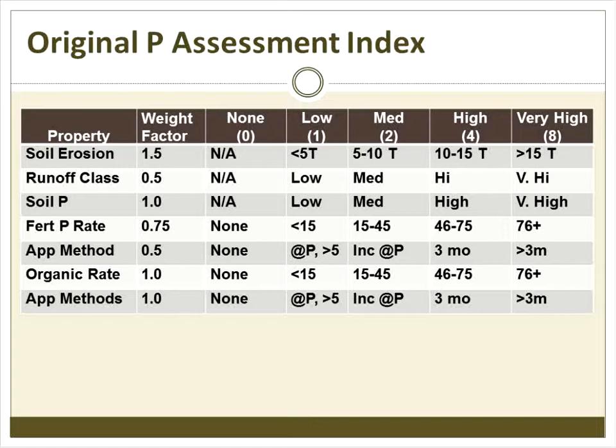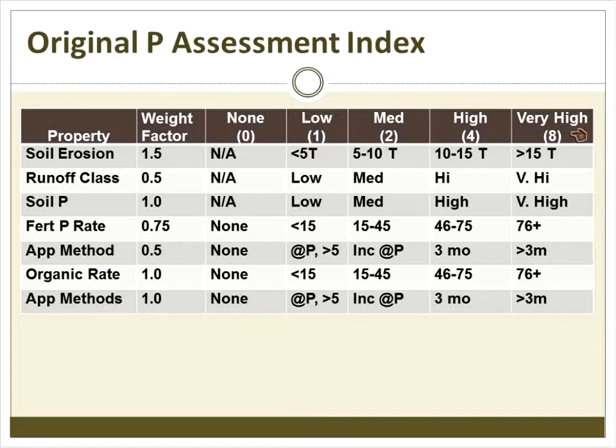So if you have low soil erosion, you get a point of 1. If you have very high soil erosion, you get 8 points.